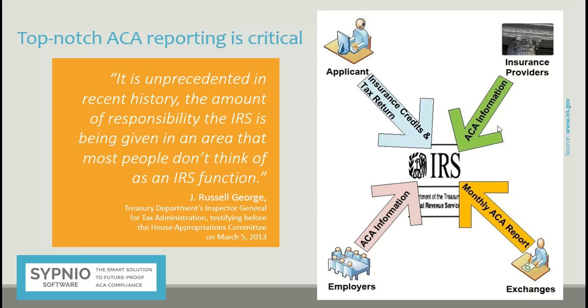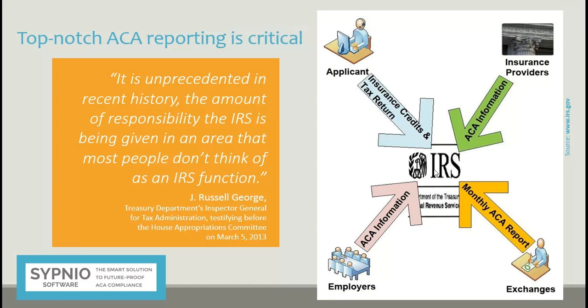Then the insurance providers will provide to the IRS everybody who's covered. Every month, the exchanges actually provide the IRS, and this is your 1095-C. All of this gets into what the IRS calls the AIR system, the Affordable Care Act Information Repository.